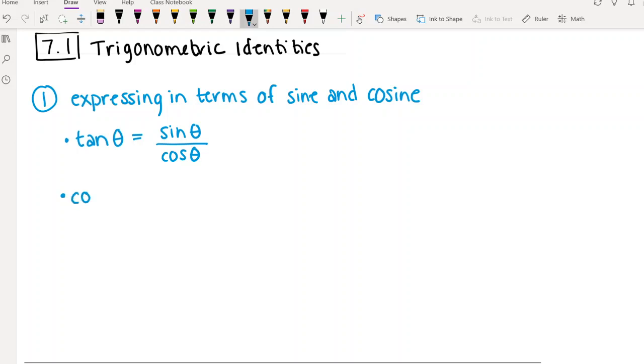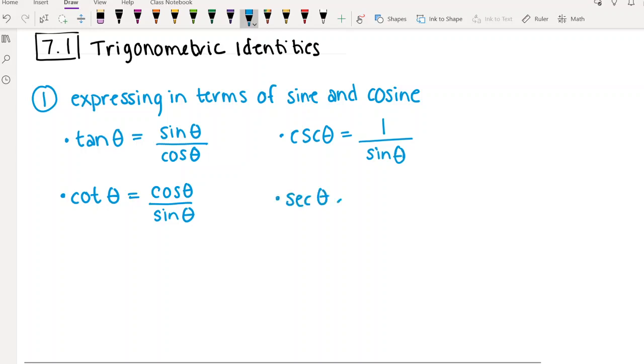Cotangent, which is the reciprocal of tangent, can be written as the reciprocal of that, so that's cosine of theta over sine of theta. And then cosecant, the reciprocal of sine, can be written as 1 over sine of theta. And the last one would be secant, the reciprocal of cosine, which can be written as 1 over cosine.